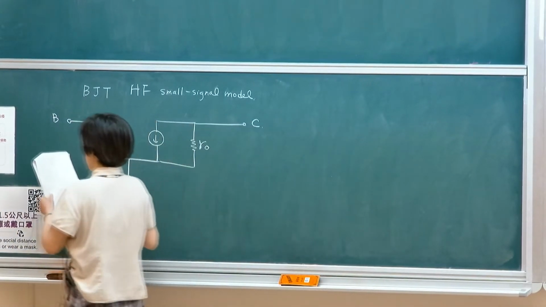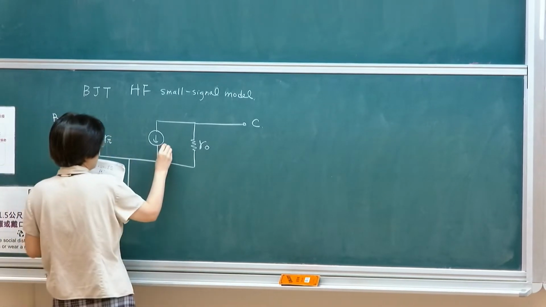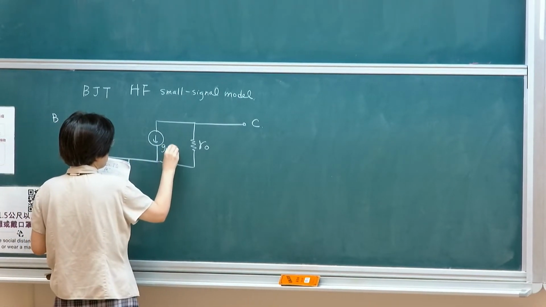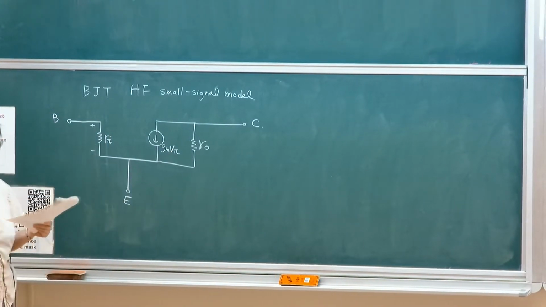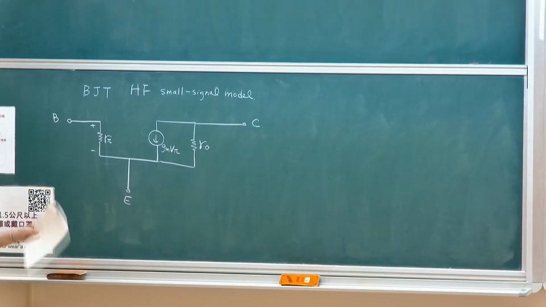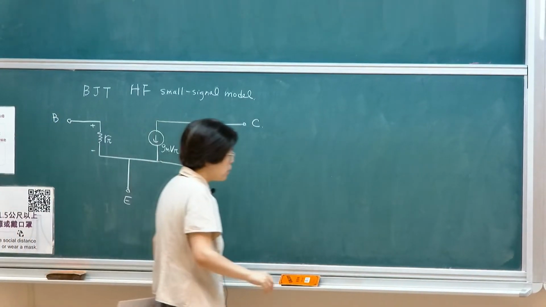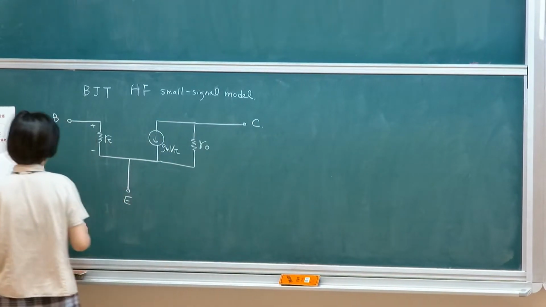We'll then have three main components, which are R pi to describe base current, gm v pi to describe the transconductance modulation of collector current, and RO to describe the Early effect. In a more complete model, we'll then have added capacitance.